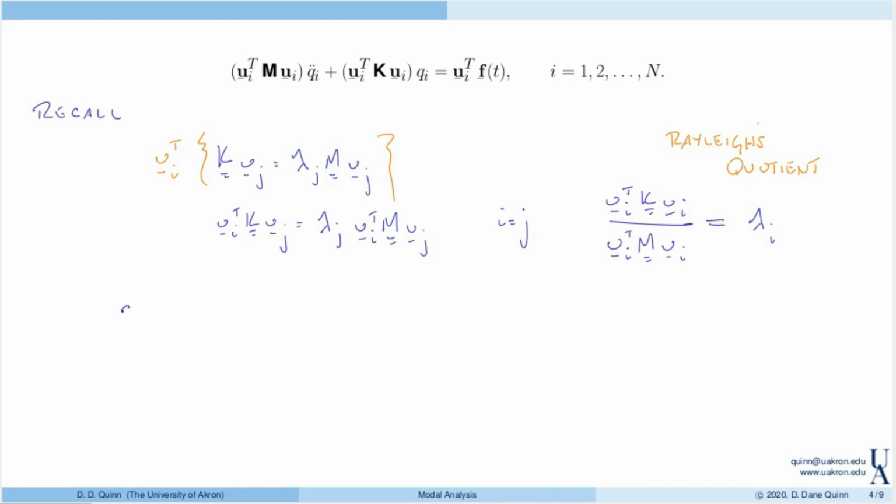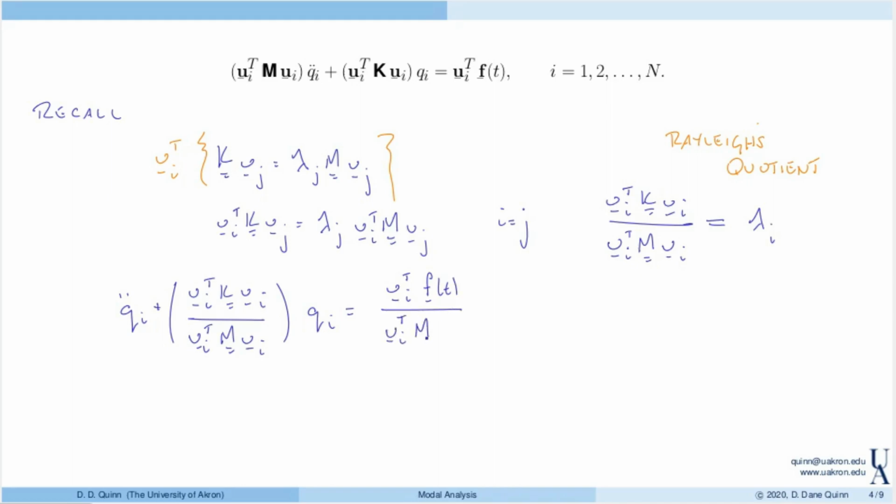So the equation of motion for the ith coordinate looks like the following. We again see this ratio, qi equals ui transpose times f divided by, and again, this u transpose times m times u, so this quantity here.